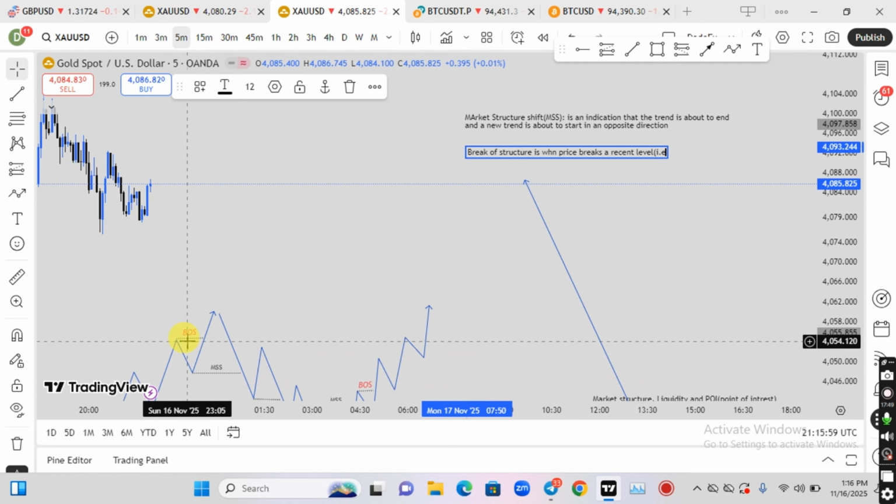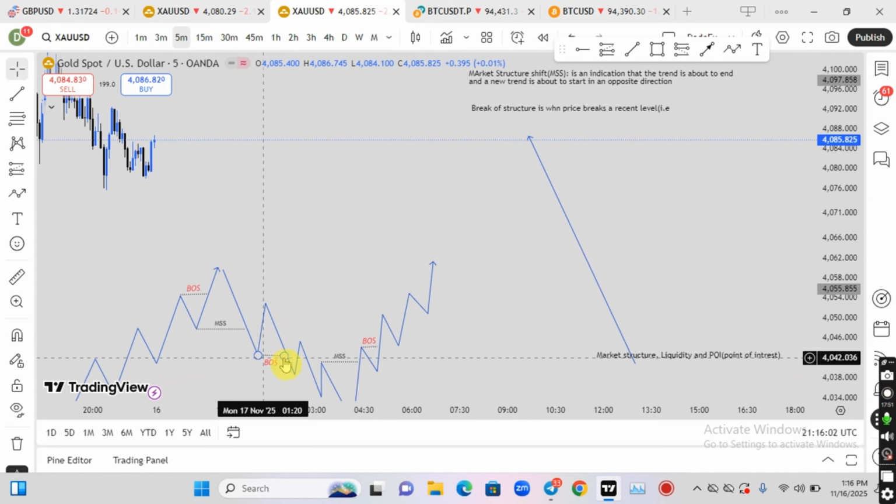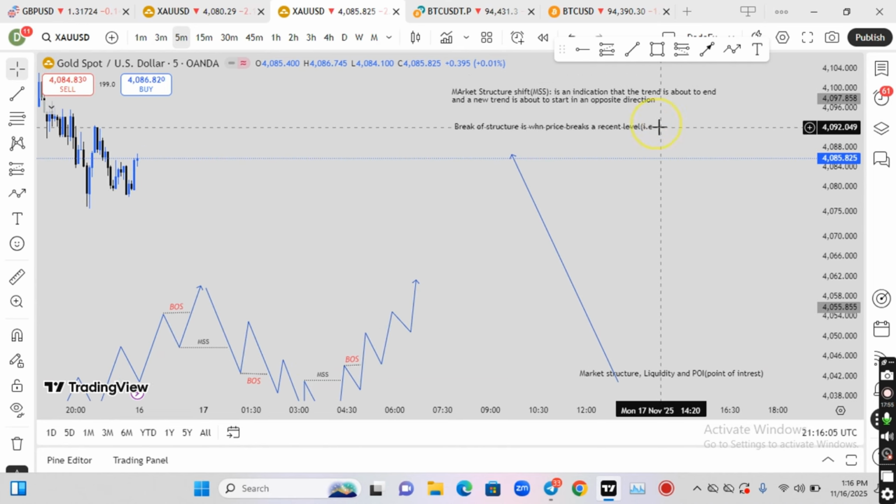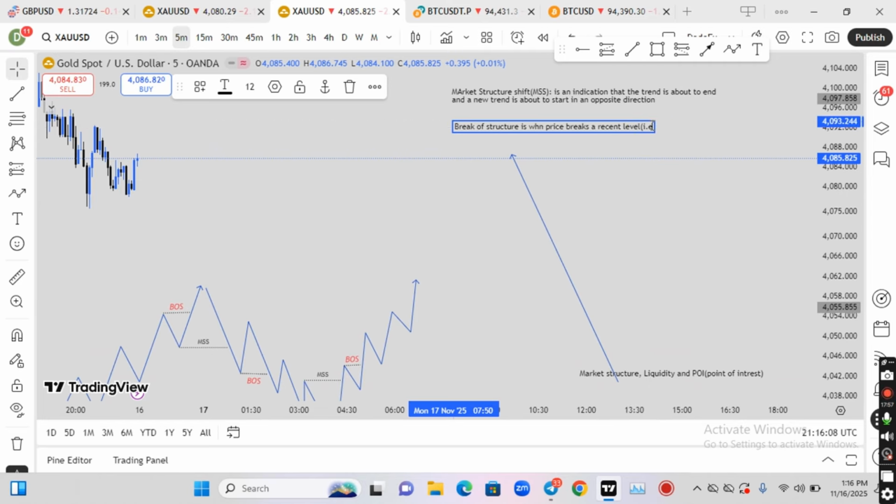These zones here are your resistance level and these zones here are your support level, right? That's what it means. So break of structure is when price breaks recent levels, that is a support level or resistance level, to continue its current trend direction.